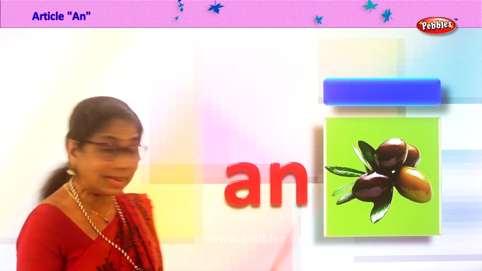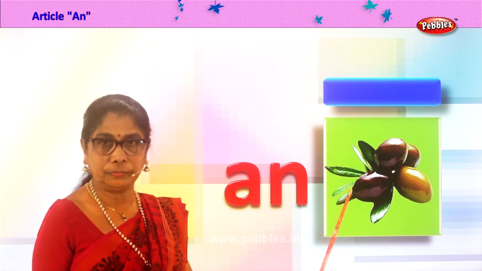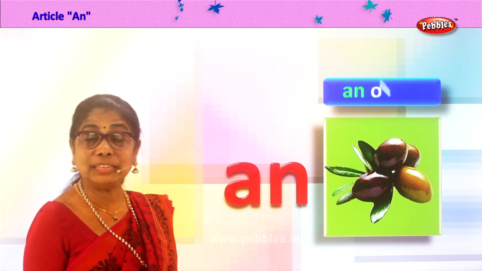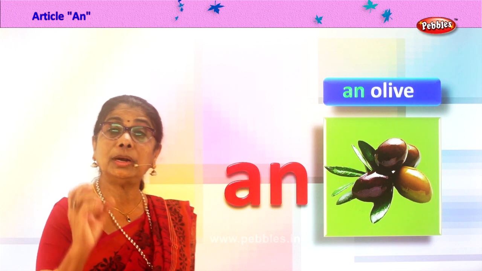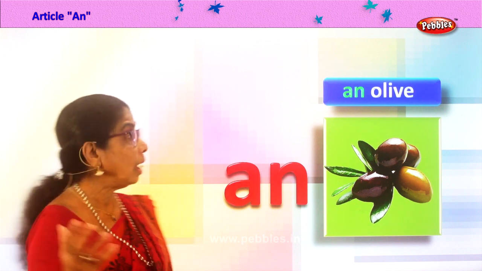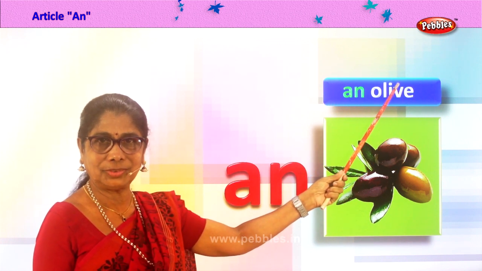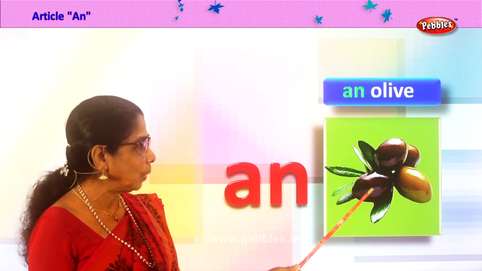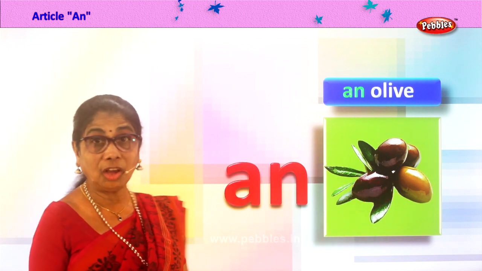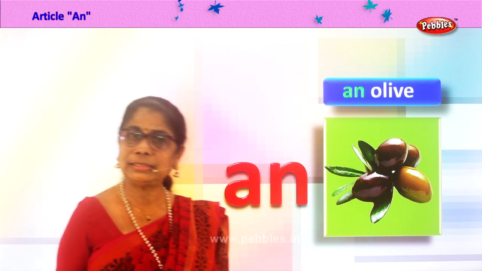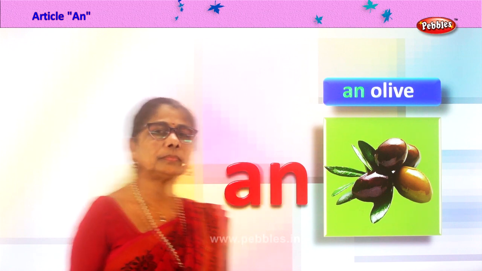So we read it as an olive. Article an is placed before the word olive. O-L-I-V-E. Olive is a fruit. Read an olive. Okay? And we have many here. 1, 2, 3, 4. An olive.